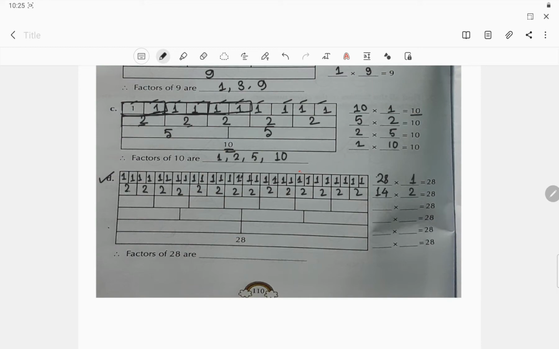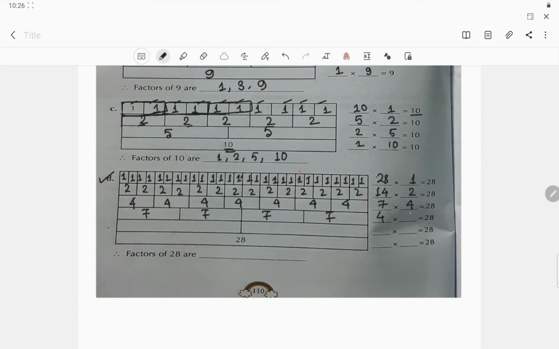Then again, if you add 2 and 2, you will get 4, 4, 4, 4, 4, 4 and 4. Right? And if you count, there will be 7 4s. 7 4s are 28. Again, here will be 7, 7, 7 and 7, because addition of 4 7s, you will get 28.